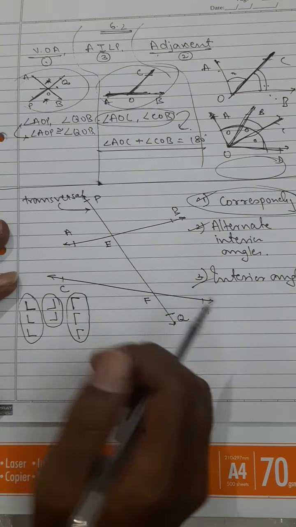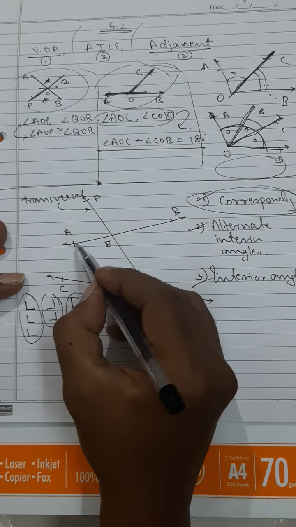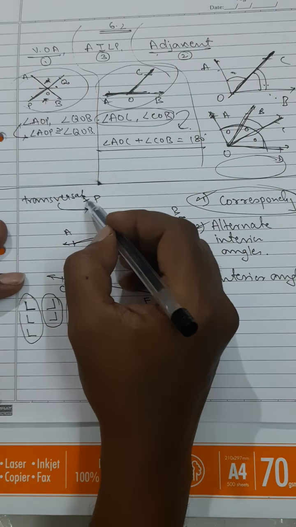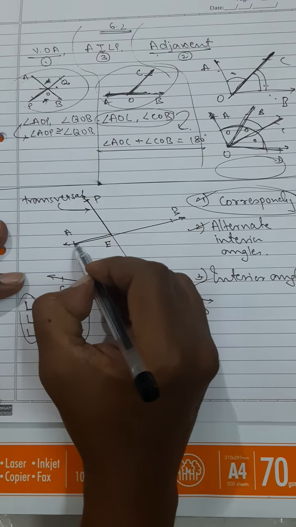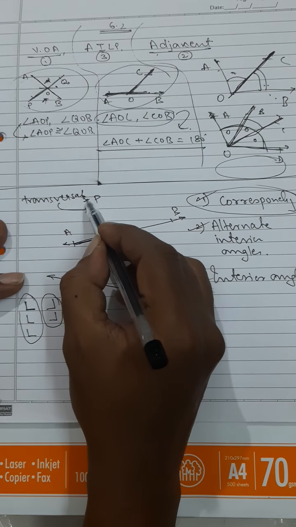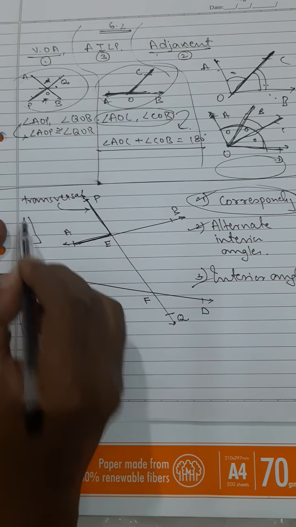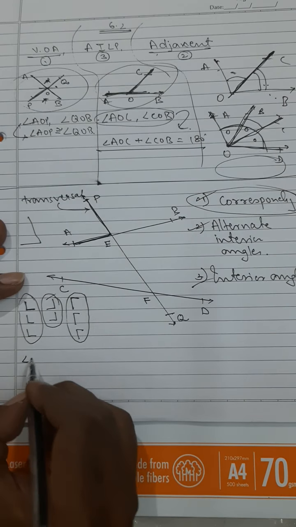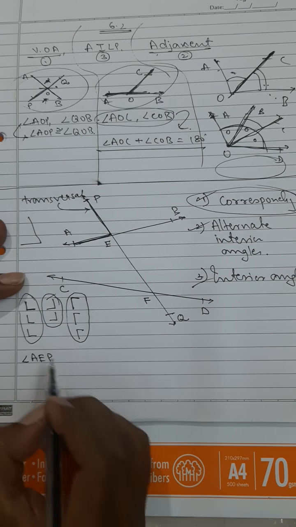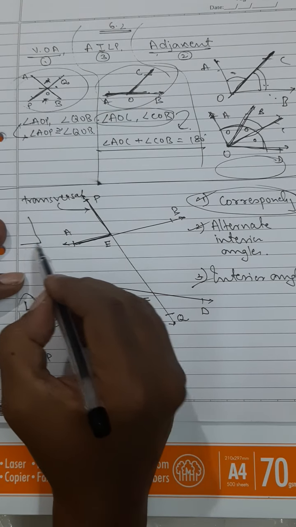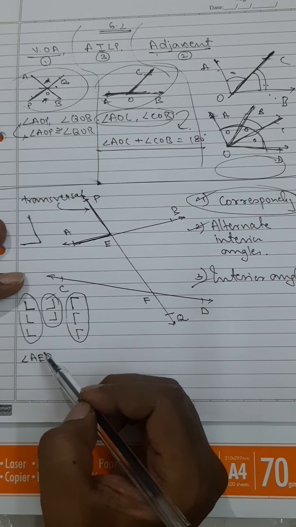Now let us come to this figure of ours. See, there is this angle AEP. I talk about angle AEP. This is of this sort, AEP. So all other angles who are traveling in this fashion and only on this side. Who is that one?